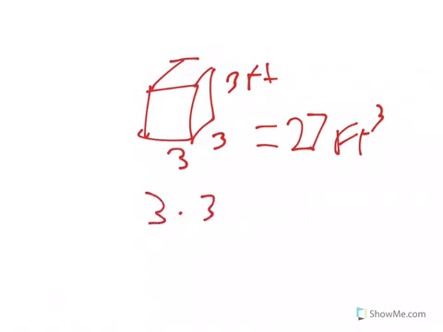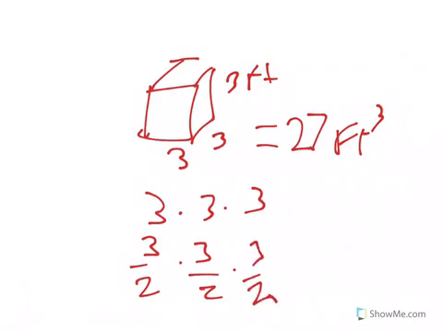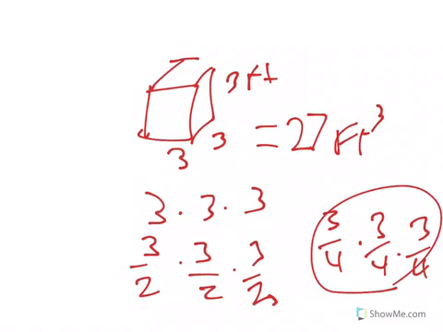If we wanted to cut these in half, then we would end up with 3 halves times 3 halves times 3 halves. If we wanted to cut it into fourths, so they're 1/4 as long, then we'd end up with 3/4 times 3/4 times 3/4. I just wanted to show you that fractional amount there. The math we can do on our own. We'll do some more examples, but I wanted to show you how that works.